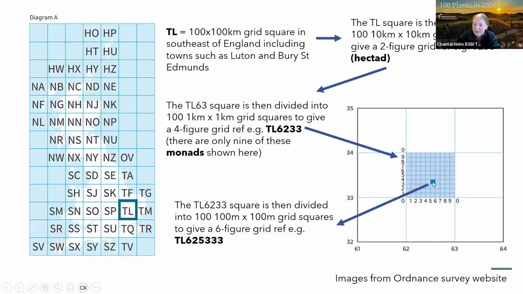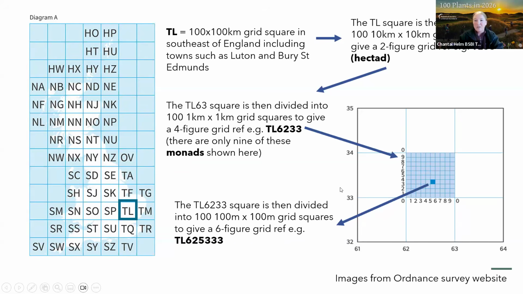And then this particular one would be at 5 and at 3. So you can see that 6233 has now had a 5 added on to the easting and a 3 added on to the northing. So the 625 is the easting and the 333 is the northing.